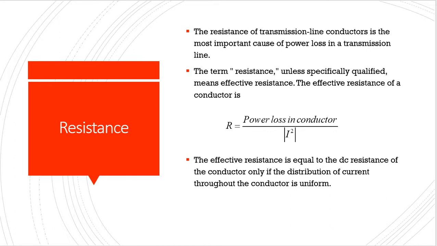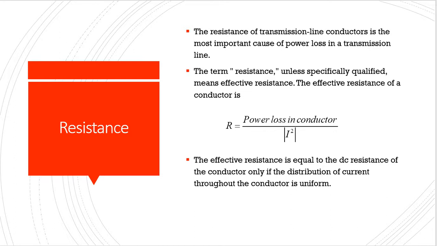The effective resistance of a conductor is given by the relation R is equal to power loss in a conductor divided by I square. As you know, P is always represented by VI, and according to Ohm's law V is equal to IR. Therefore, placing these values into P is equal to VI, we can get the value of R, which is power loss in a conductor divided by I square.